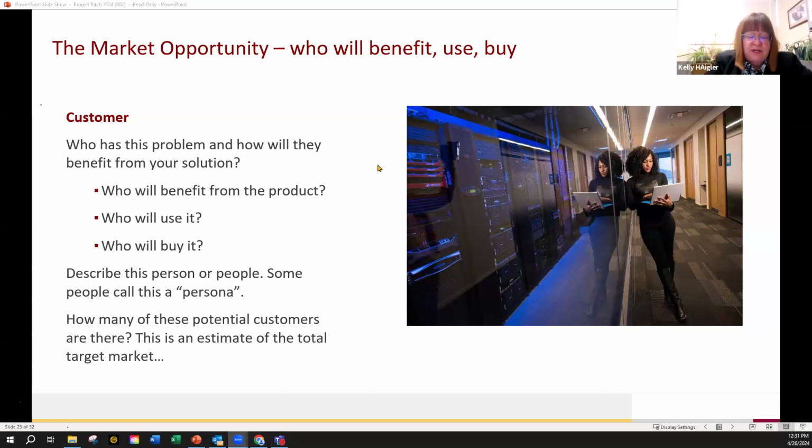You can do that by providing a brief profile of your ideal or target customer, the people who will benefit the most from your product. And you also have to understand the difference between the people who will buy your product and those who will use it.